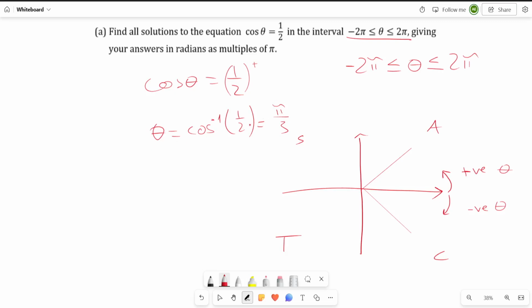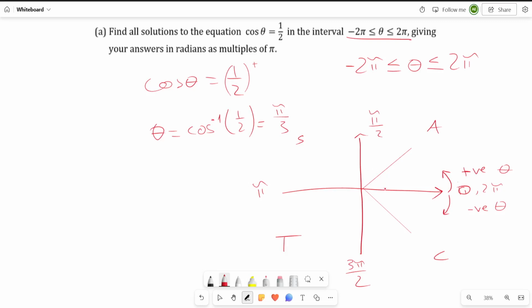So our first answer was pi over 3. Okay, and we know that pi over 3 is basically between 0 and pi over 2. Okay, so let's write our angles. We know that this is 0, this is pi over 2, this is pi, this is 3 pi over 2, and this is 2 pi.